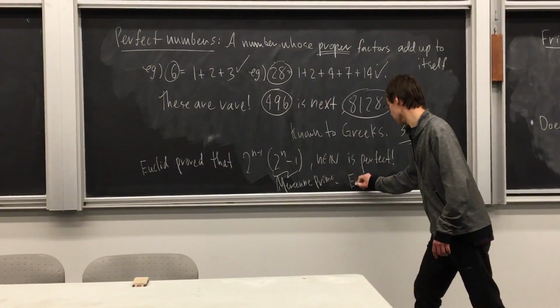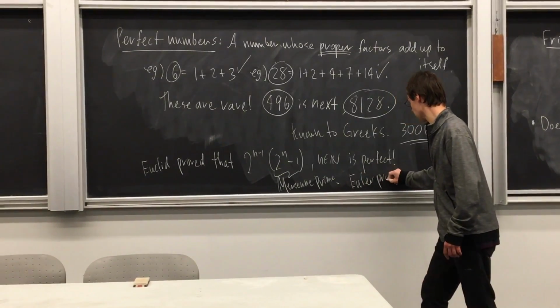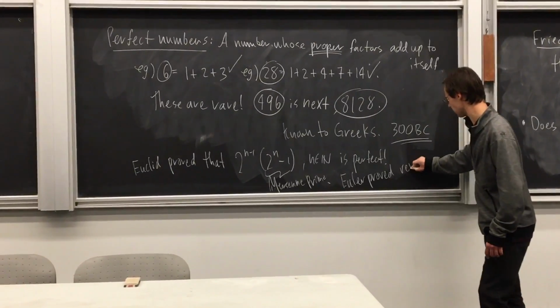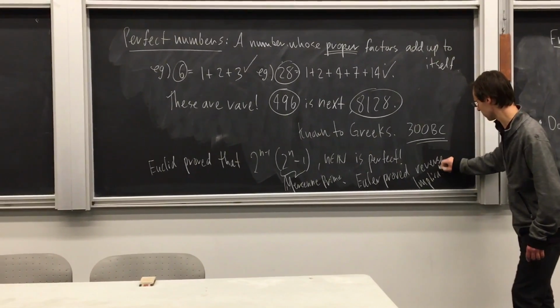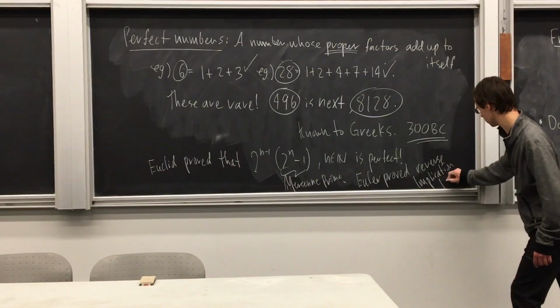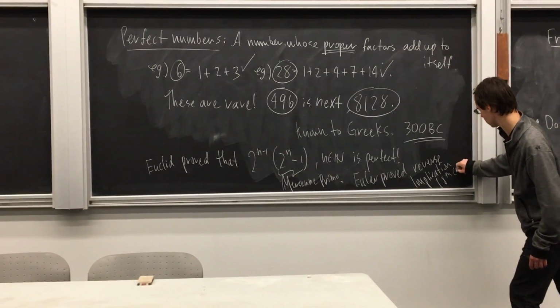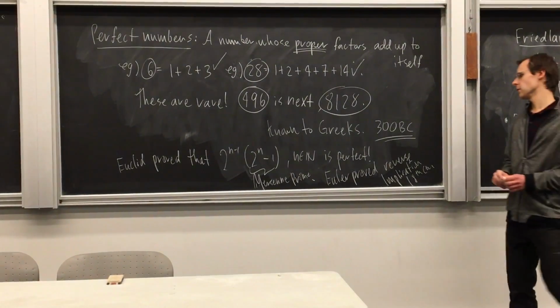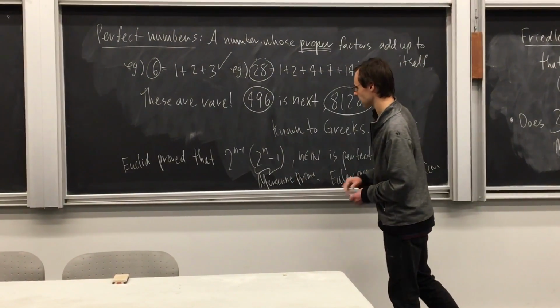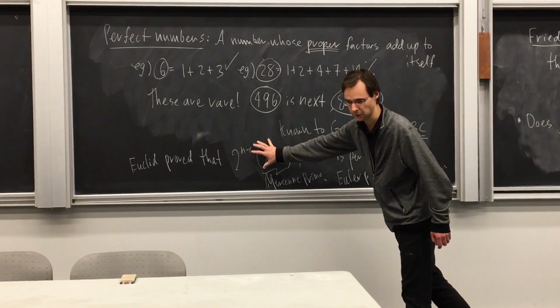Euler proved the reverse implication, and this was in the 18th century. So we now know what the even perfects look like. They have to take this form.